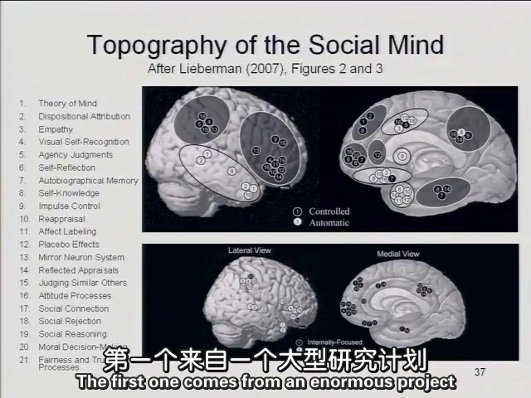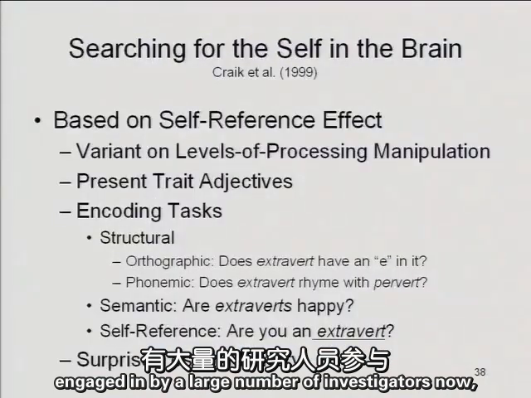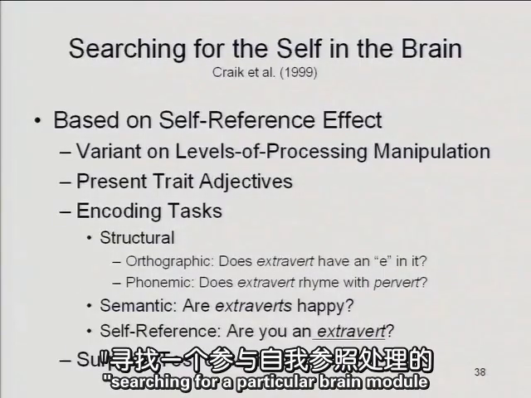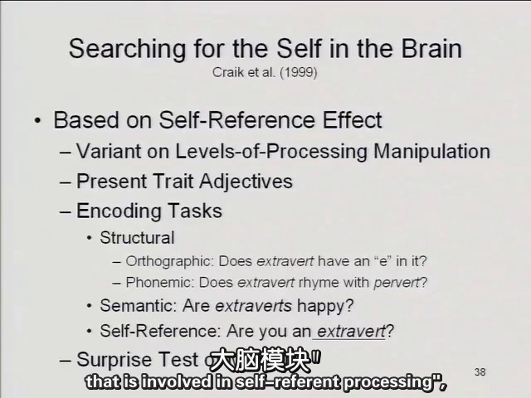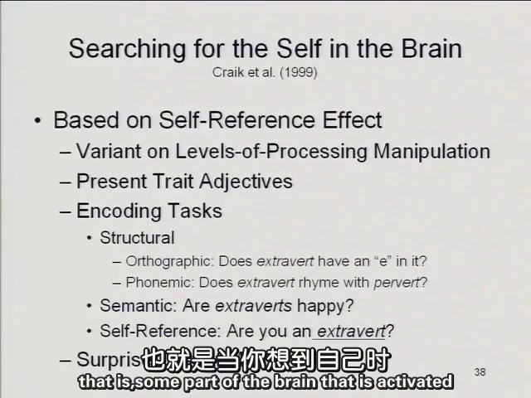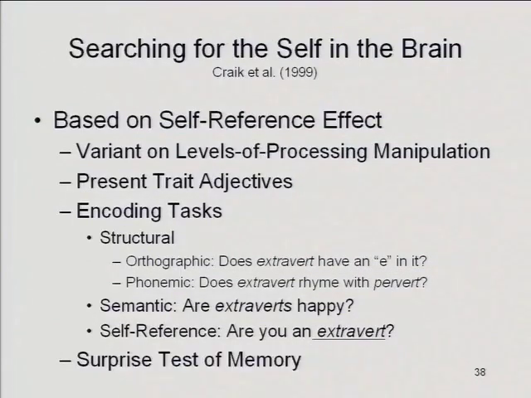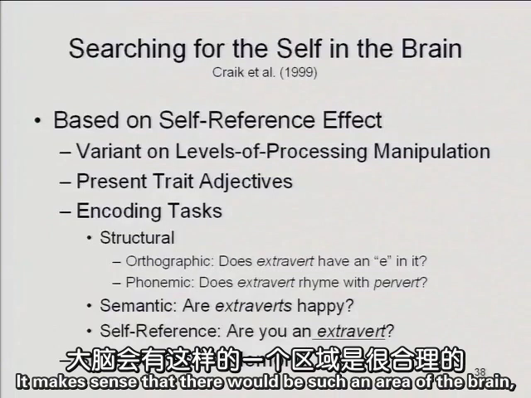The first one comes from an enormous project engaged in by a large number of investigators now, searching for a particular brain module that is involved in self-referent processing. That is, some part of the brain that is activated whenever you think about yourself. It makes sense that there would be such an area of the brain, okay?